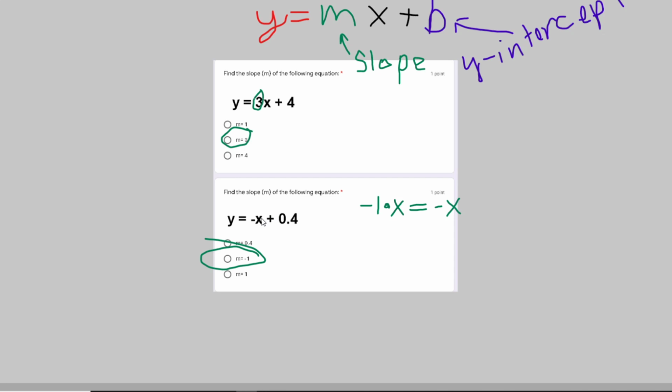Now, just a brief refresher: what are slope and y-intercept? If you're looking at a graph, this would be your y, and this would be your x. So your y-intercept is where the line crosses through the y-axis. So this is your y-intercept right here.